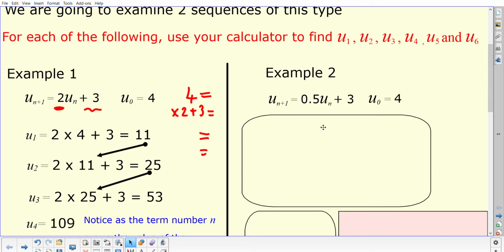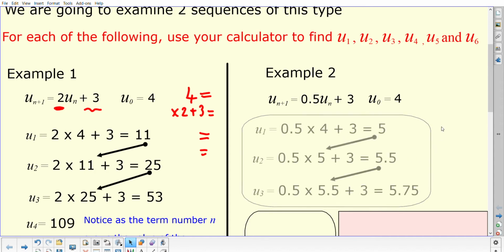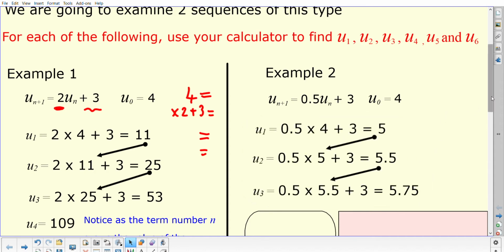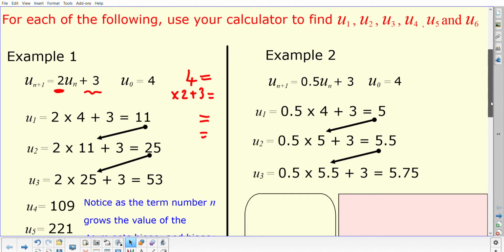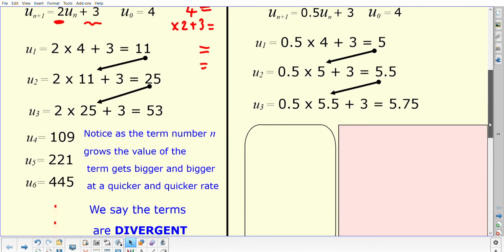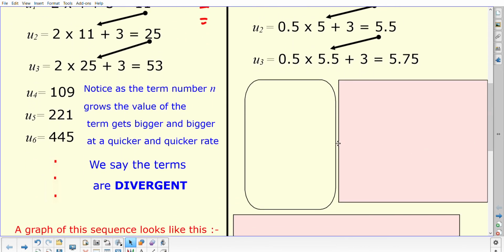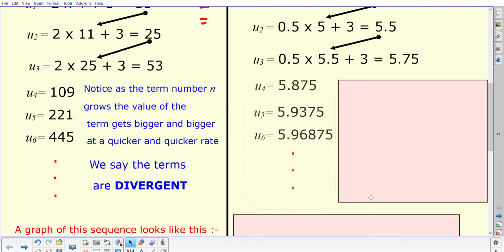So the second example, recurrence relation u(n+1) = 0.5u(n) + 3 with the same starting value. It looks quite similar, however the number multiplying the u(n) is different. This time your sequence looks like this: it's still going up, 5, 5.5, 5.75, but at a much slower rate, and so on.